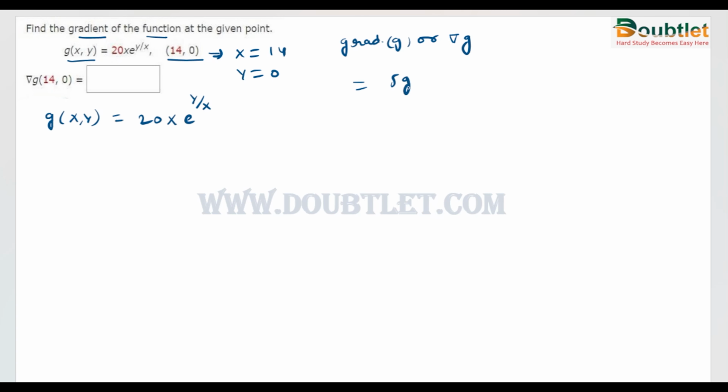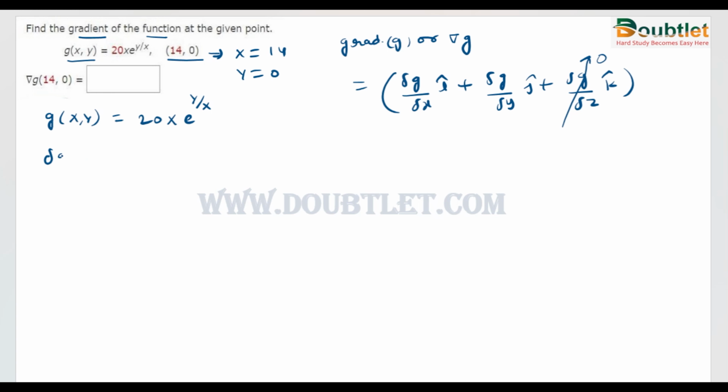So we need to find the partial derivative of g with respect to x, i cap, then the partial derivative of g with respect to y, j cap, then the partial derivative of g with respect to z, k cap. Since the z element is not present here, this term will become 0. So we will get only these terms.